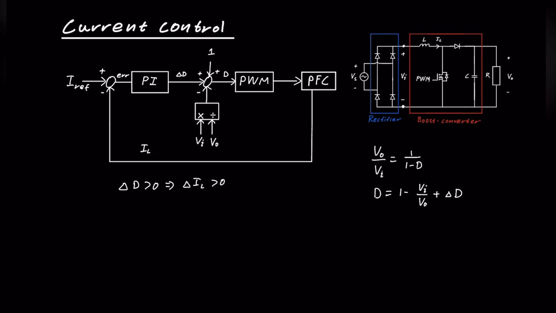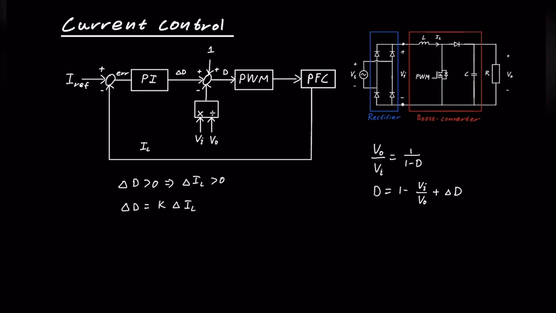So we can actually write the change of duty cycle as a constant K, which is positive, multiplied by the change of current. Now the change of current is actually the error, which is the reference current minus the current in the inductor. And this constant K is the PI controller.